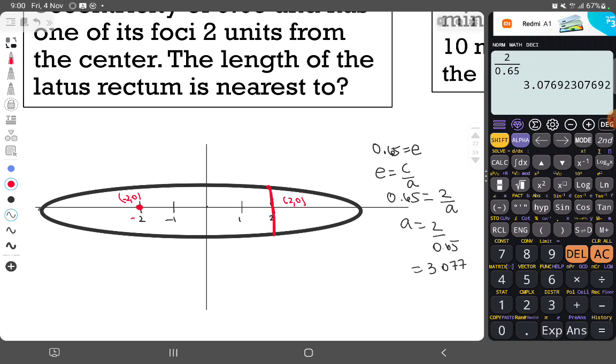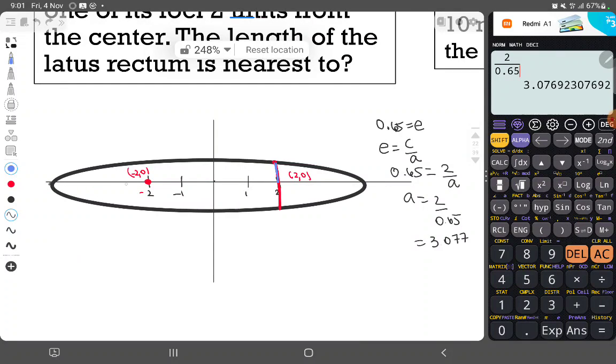Let's say we don't know the formula for our latus rectum, so therefore we will derive this. Let's say from my focus to this point is our LR over 2, but we don't know it yet. Any point in our ellipse can be solved by adding the distance from our negative focus and our positive focus.